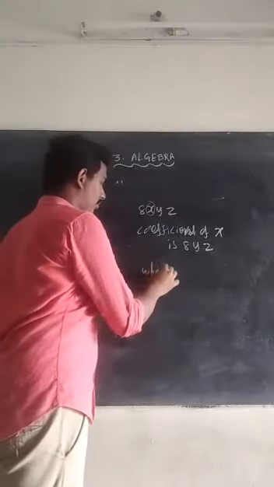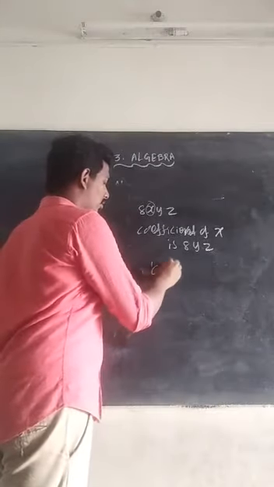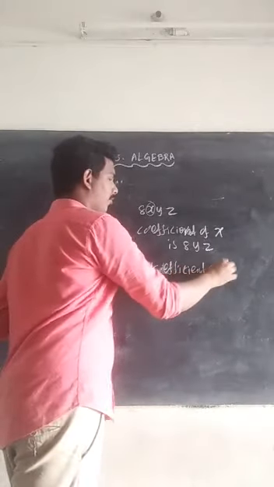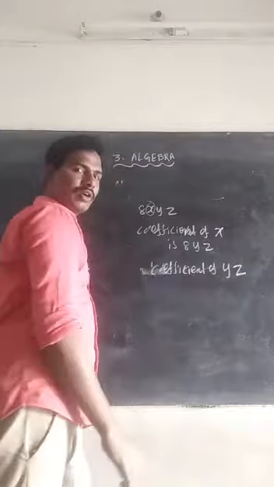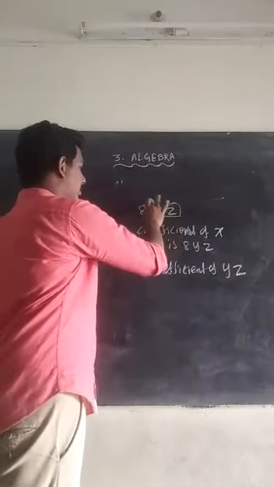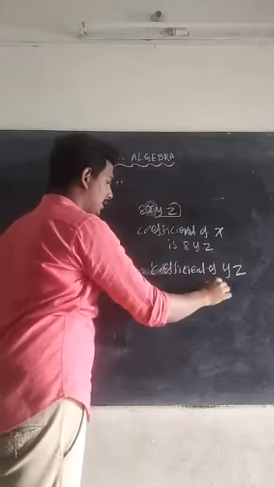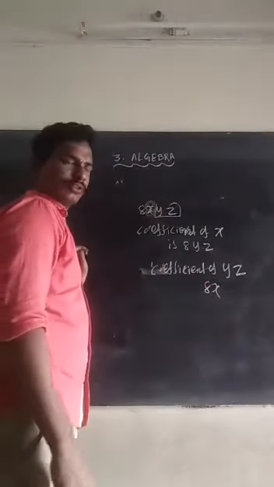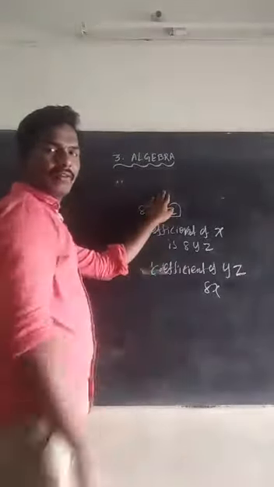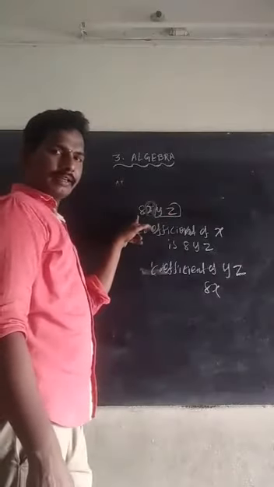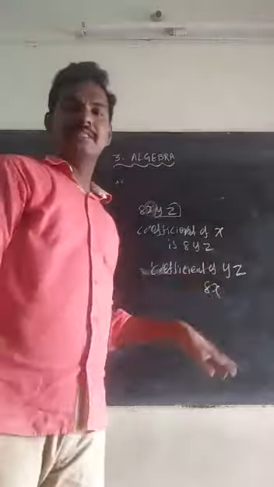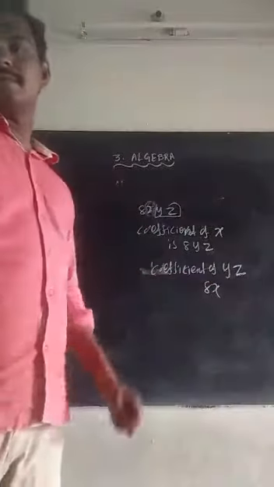Next, if they ask what is the coefficient of yz, keep yz alone aside, and what remains? 8x is the answer. What is the coefficient of xyz? Keep xyz alone aside, and what remains? That 8 alone. So for the coefficient of whatever they ask, you have to write the remaining part as the answer.